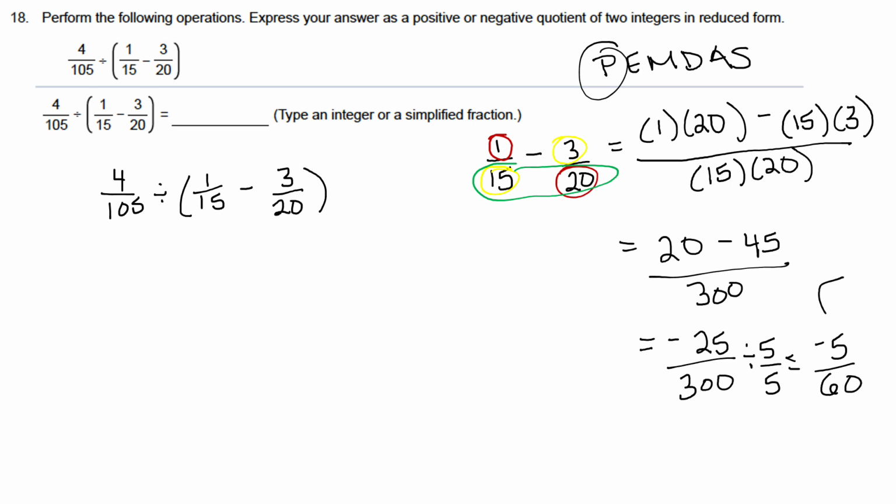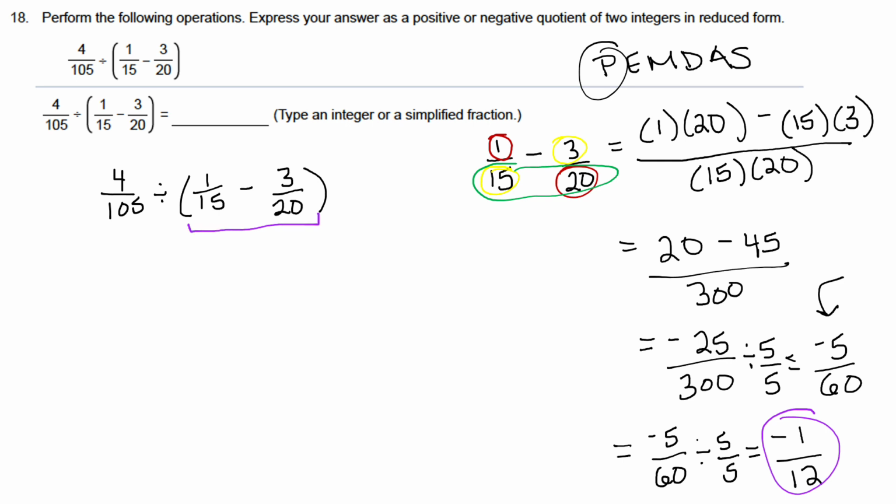Now, if you look at this fraction, we have negative 5 over 60. Those numbers are still divisible by 5, so I'm going to reduce it one more time, divide the top and bottom by 5. So negative 5 divided by 5 is a negative 1, and then 60 divided by 5 is a 12. So my simplified fraction is negative 1/12. And that's the answer to this subtraction problem.